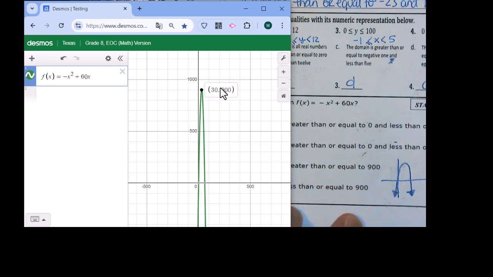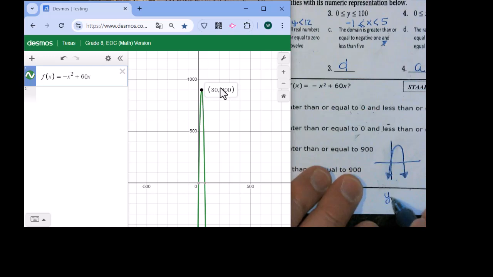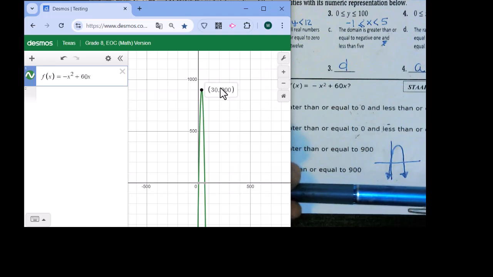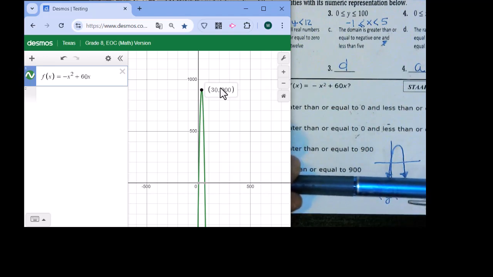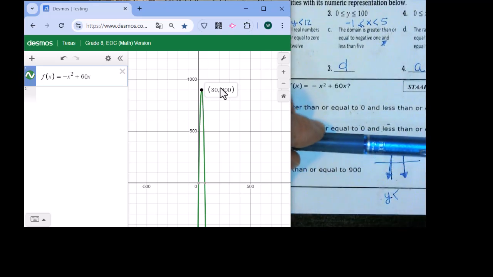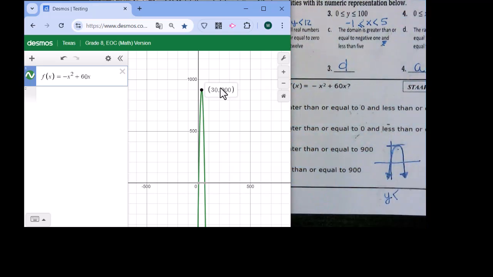That helps me determine the range, because remember, for range, you put the y, you make the setup, you position your pencil on the horizontal, and then you move your pencil from bottom up. The first place I touch is the arrow, so I erase. Then I keep moving my pencil up, and the last place I touch, looking at Desmos right here, is 900, and it's going to be a dash because it's a solid line.